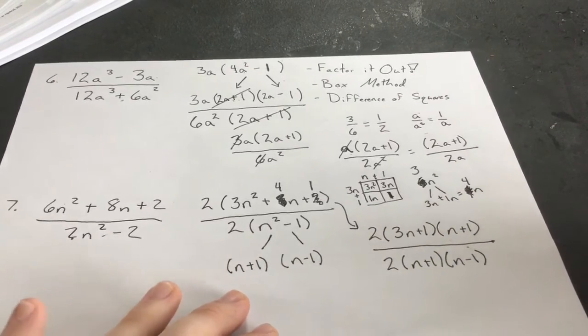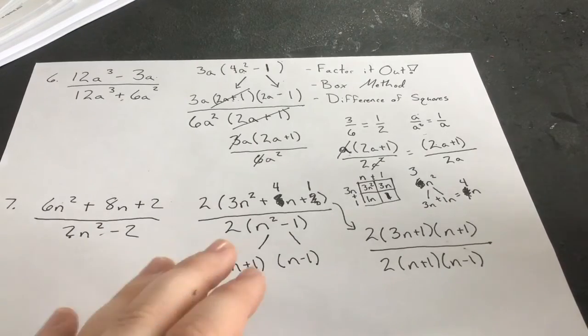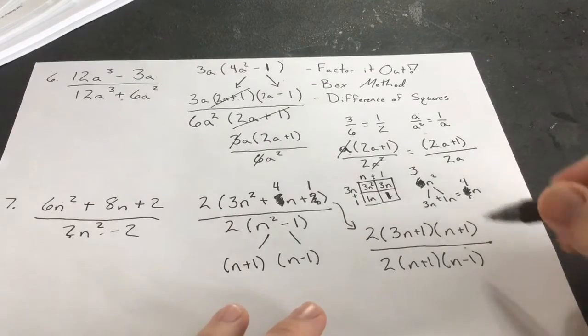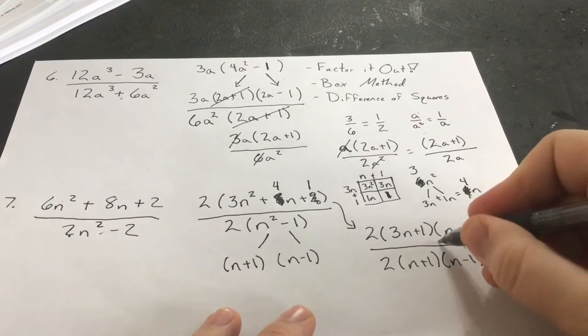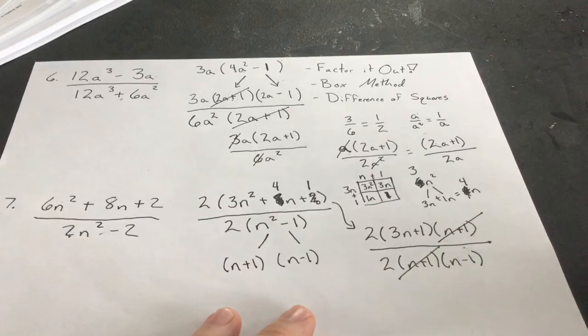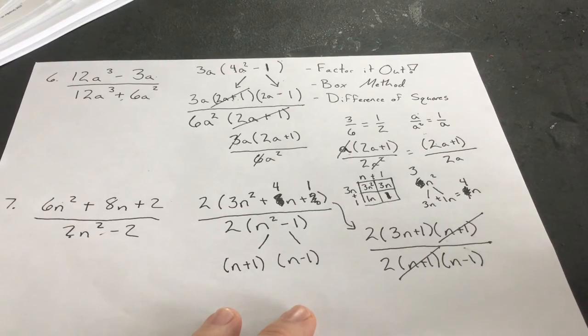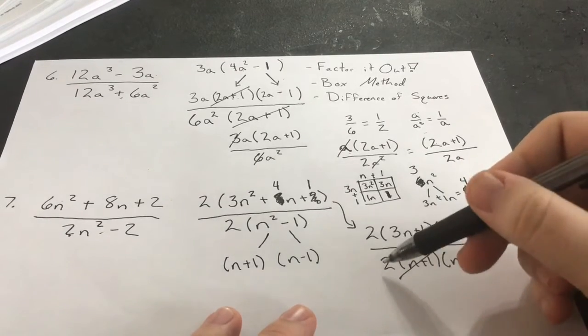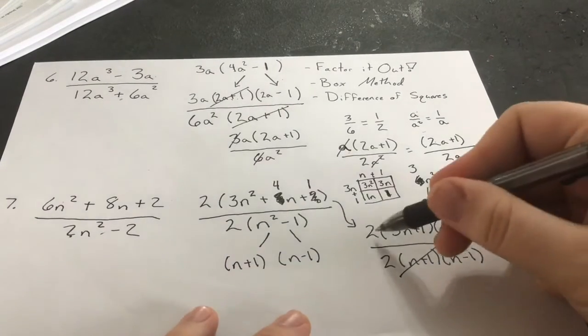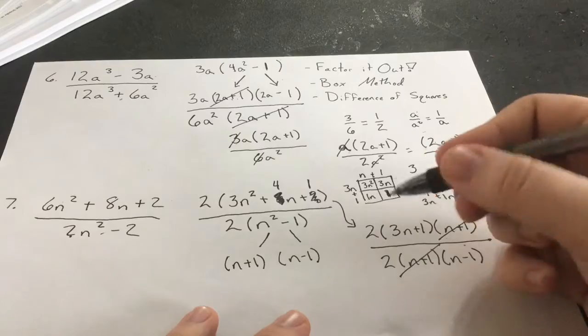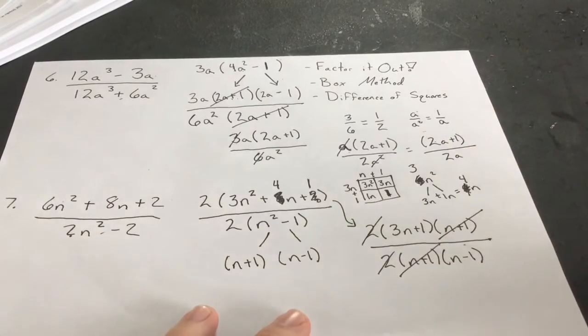So what we ultimately see whenever we go to cancel out the things that we have in the numerator and denominator, we have a couple identical entire binomials here. We have an n plus 1 up top and n plus 1 in the denominator. They will go away. We also have a 2 in the numerator and denominator. They can be canceled out because they are not adding or subtracting anything, and they're the same. So those 2's can go away.